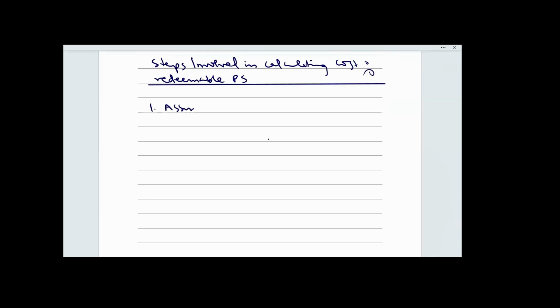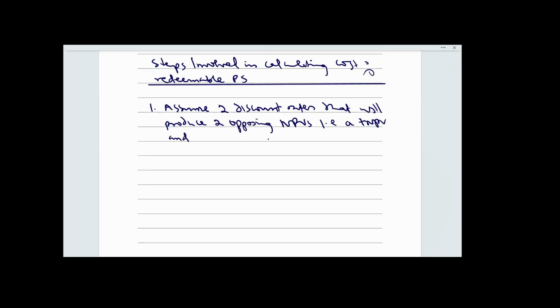Put it down. Step one, assume two discount rates that will produce two opposing NPV. That is a positive NPV and a negative NPV. That's two opposing NPV. All right.